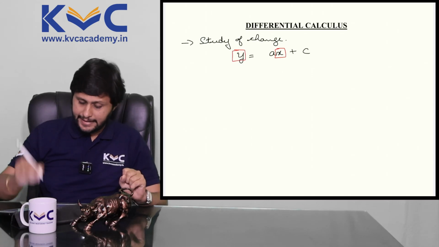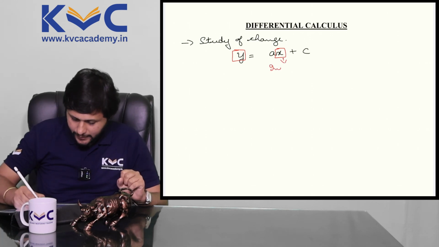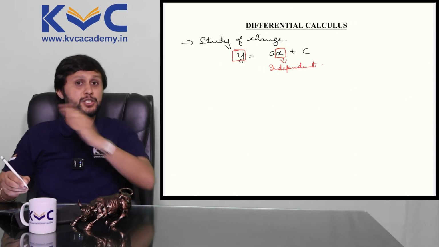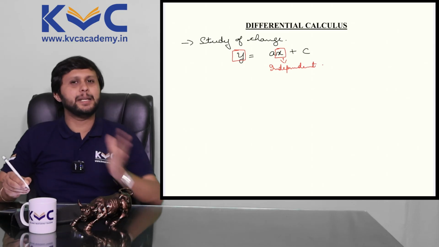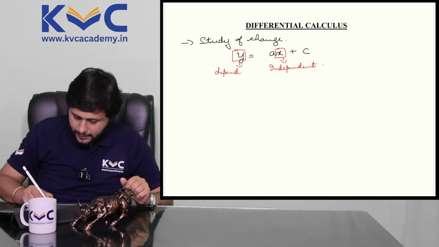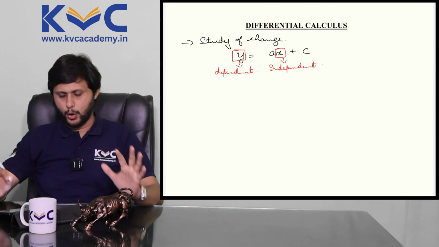X can take any value. This is called independent variable. But y's value, as we say, y is a function of x. Y's values are dependent on the values of x. This is dependent variable. C is definitely constant.